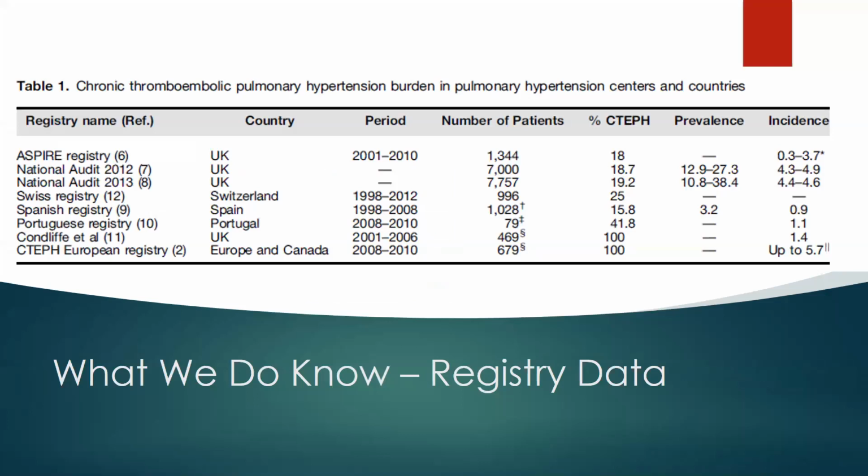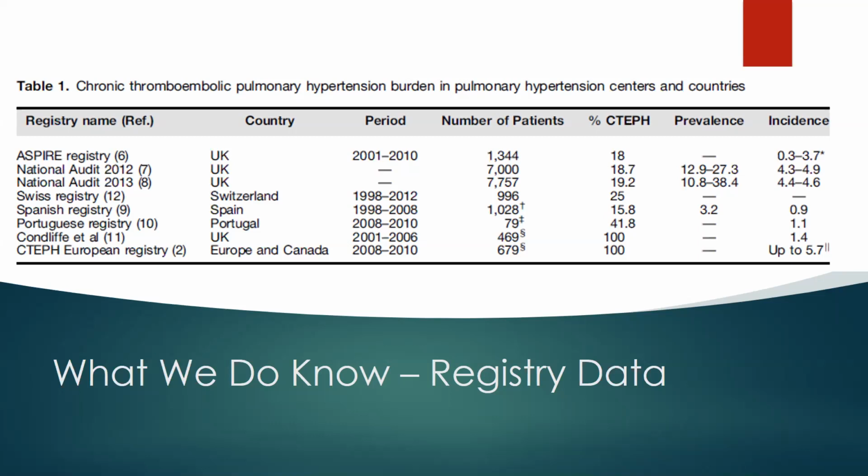Okay, so what do we know from registry data? When we look at incidence and prevalence and percentage of patients, we look at registries that different countries have and look at each of these categories.